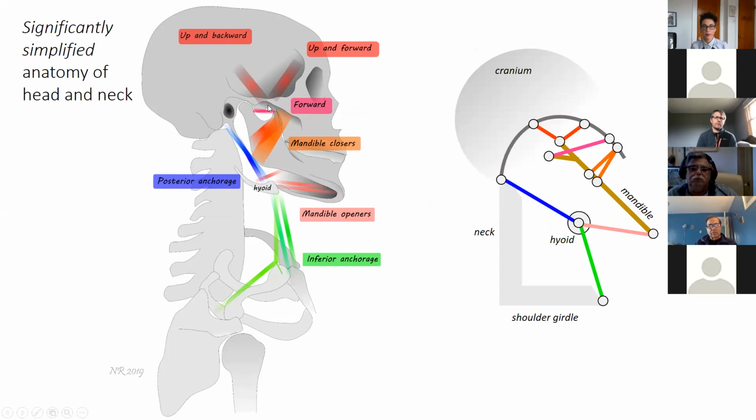And besides the mandible, a very important player in this game is the hyoid bone. The hyoid bone is quite a miniature horseshoe-shaped bone that is located right below the mandible, and it is connected by different muscles to the chin, to the shoulder girdle, and to the base of the skull.